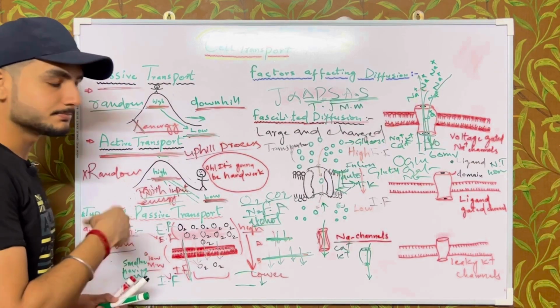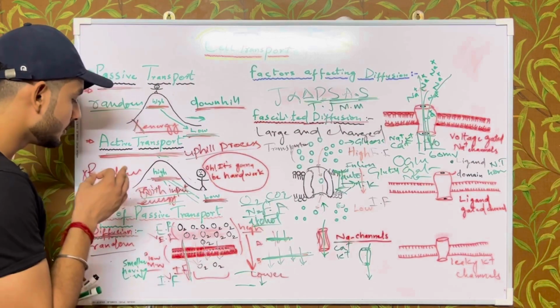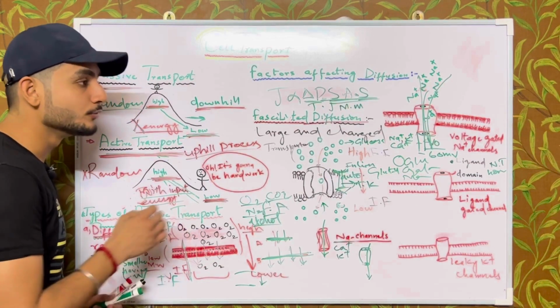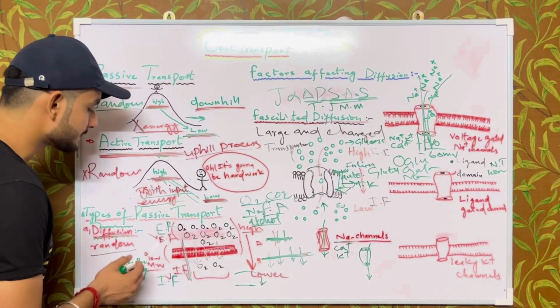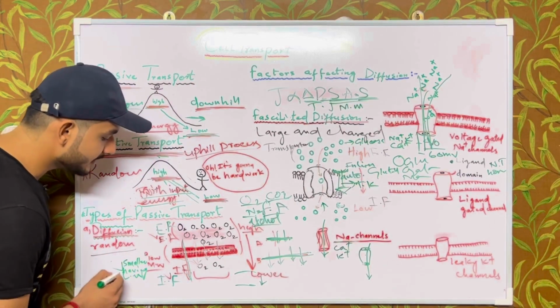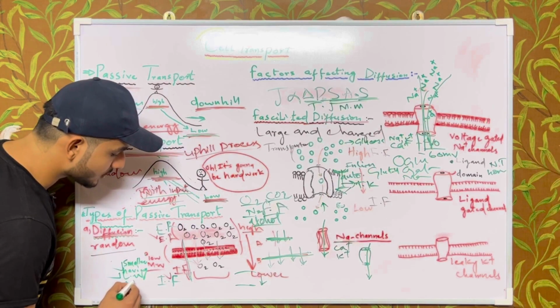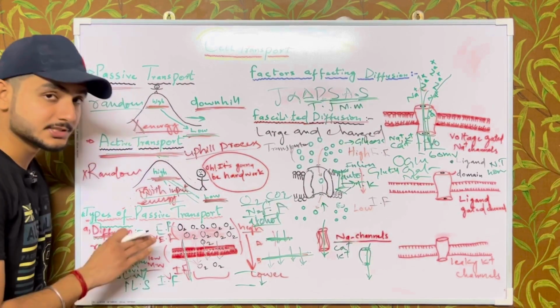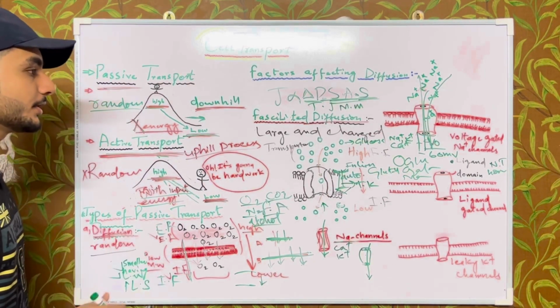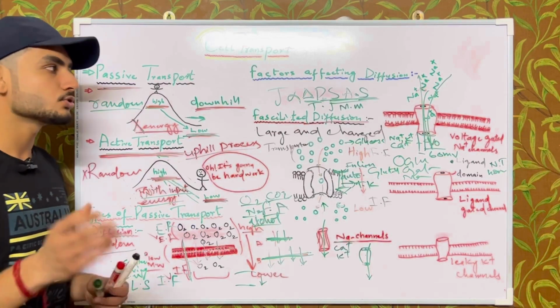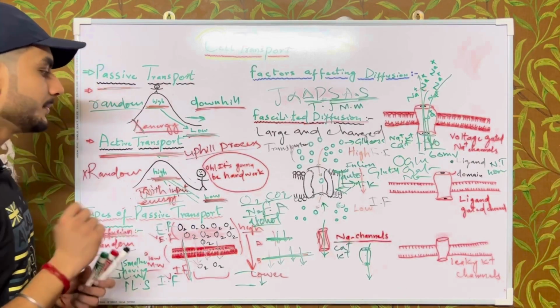So just revising it again, substances which are smaller in size, having low molecular weight, and having lipid solubility. These conditions are required in order for a substance to move through simple diffusion.